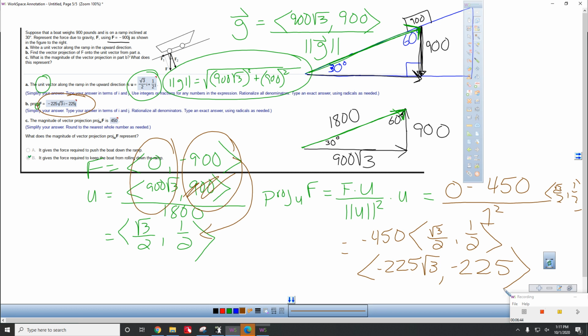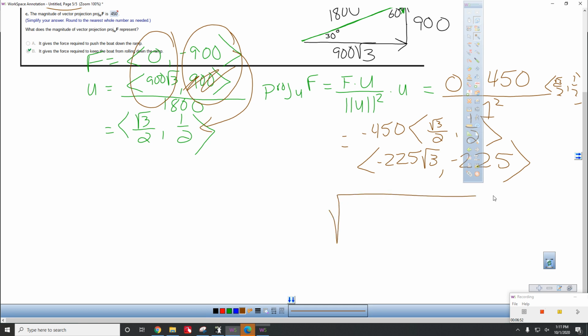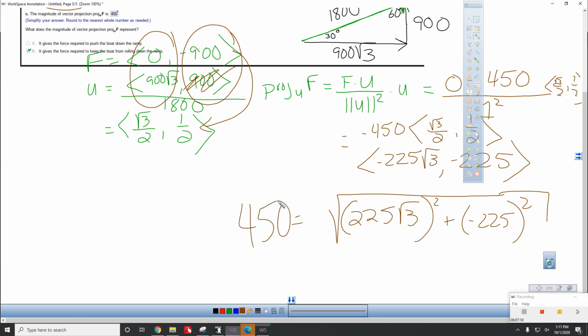Now, what's the magnitude of the projection of F onto U? Well, that's just going to be the square root of 225 radical 3 squared plus negative 225 squared. But hold on, I didn't need to do that anyway, because this is a unit vector and it ends up that the magnitude is 450, which came from that times 1.